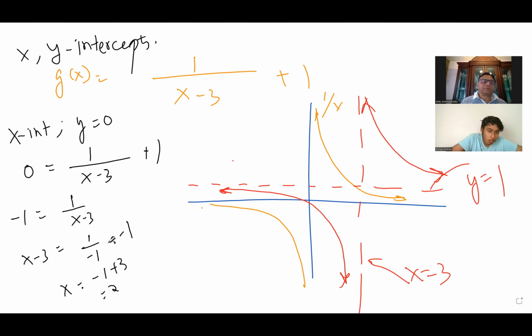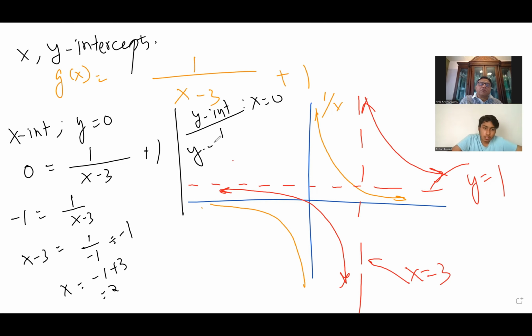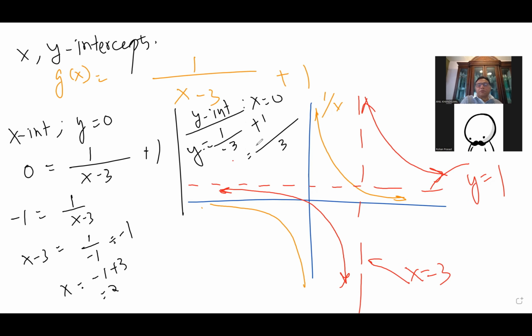For the y-intercept, x equals 0, then you get y equals 1 over minus 3, plus 1, correct? So with a common denominator of 3, you get minus 1 plus 3, because this is like minus 1 over 3, right? Minus 1 plus 3 is plus 2 over 3, correct?